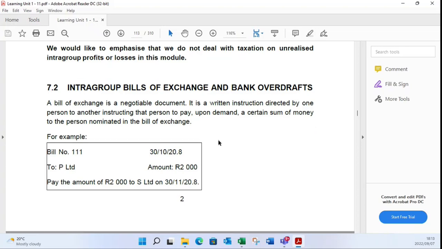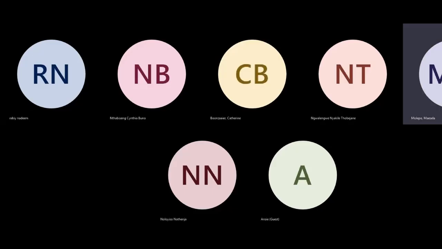7.2 The intra-group bills of exchange and bank overdraft. A bill of exchange is a negotiable document. It's a written instruction directed by one person to another, instructing the person to pay on demand a certain sum of money to the person nominated in the bill of exchange. For example, we've got bill number 111, which happened on the 30th of October 2008.